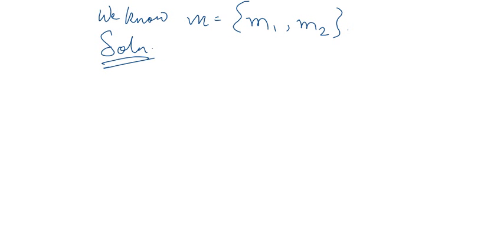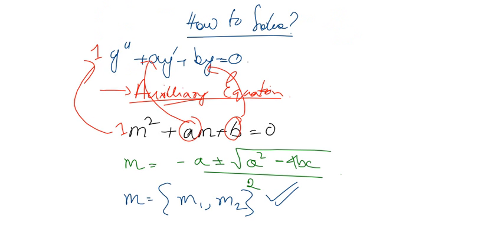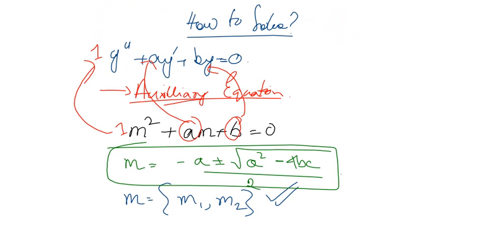Finding the solution of the differential equation is a very easy task, but it is divided into three parts. How those three parts are there, we'll come to know. Let's say, as we discussed in the previous page, this provides the value of m, right?